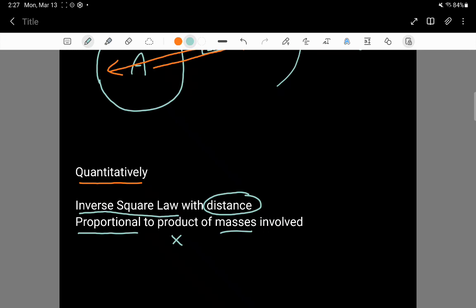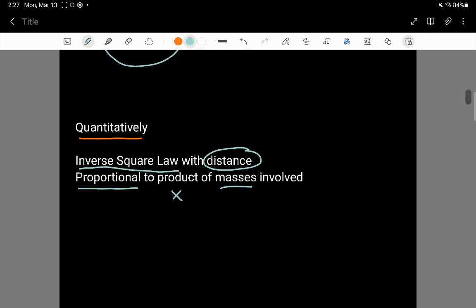And quantitatively, the way this goes is the gravitational force, so the capital F stands for force, goes like, so this is not an equal sign, but a goes like. It's the product of the masses of the two objects.